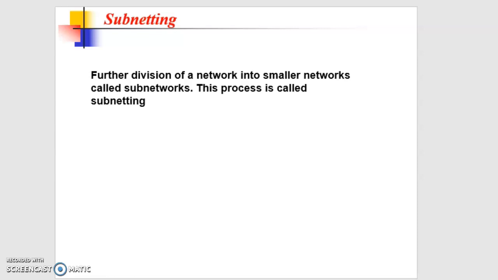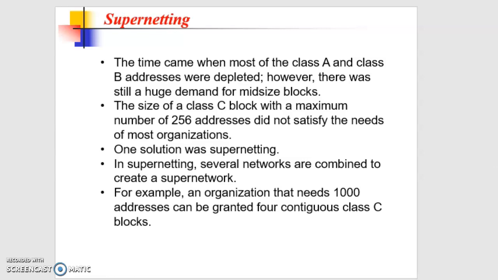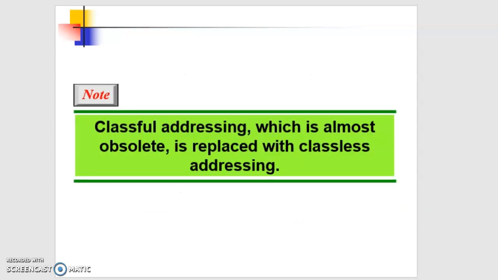You can subdivide it into subnetworks, and that subnetwork can be used by a different organization. In this way, you are doing subnetting. What is supernetting? That you are combining small networks into big networks. As all of A were used, now B and C are available. C has a very small block size. You can combine them together to make an organization with more addresses, right?